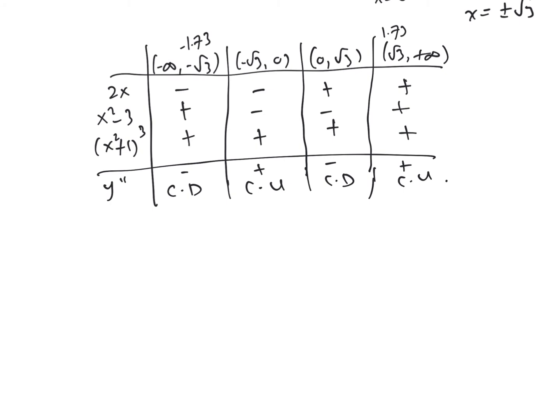So let's just summarize here, because we can't see all that information, so I'm just going to summarize it here. So what do we know? We know that we have a max at 1, 1/2, and we have a min at -1, -1/2. We have points of inflection.